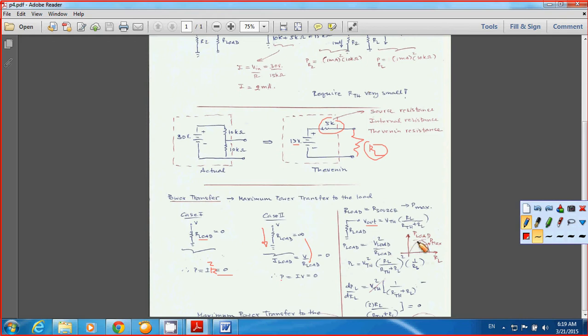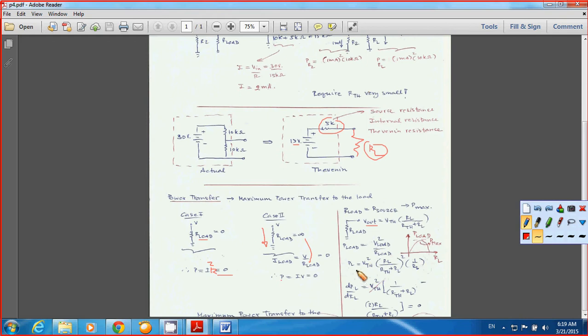If you plot, you're going to have a plot like this one, and you use the concept that at the highest point, or the maximum point, the slope of the plot has to be 0 to be able to give you the maximum power to the load.